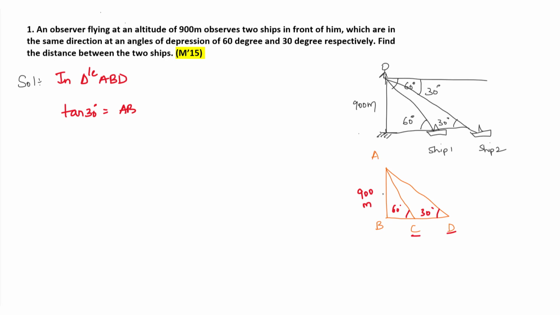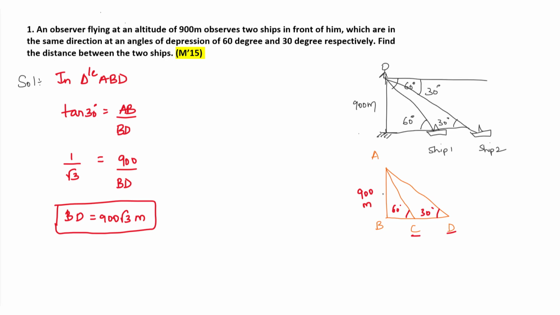What is opposite here? AB by adjacent is BD. Tan 30 is 1 by root 3, which is equals to AB is here 900 meter by BD. BD is what you have to find, we don't know. BD is equals to 900 root 3 meter. So now we got BD as 900 root 3 meter.